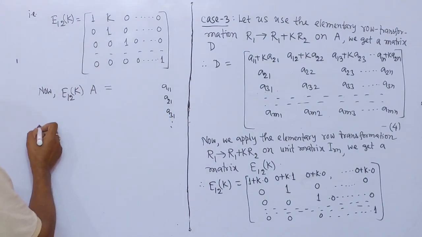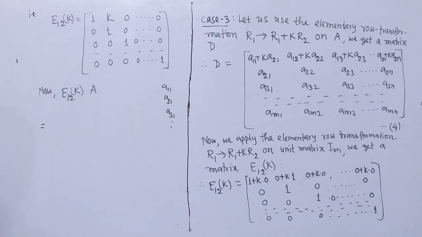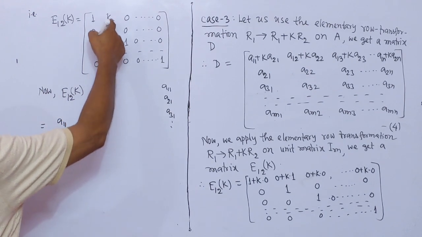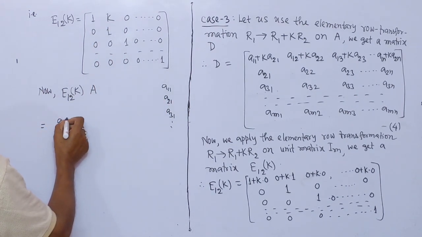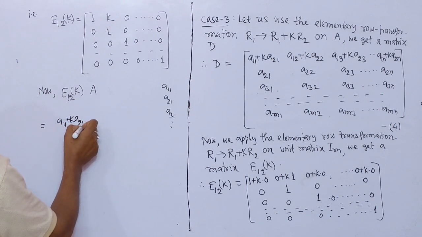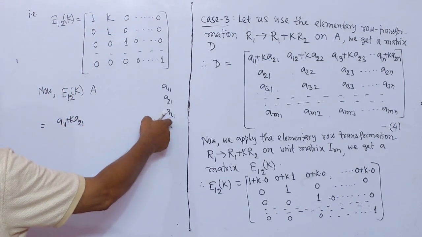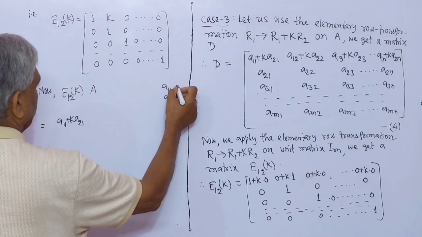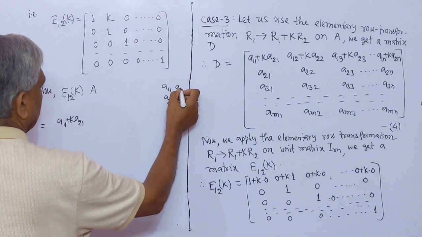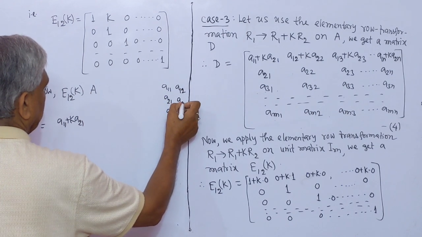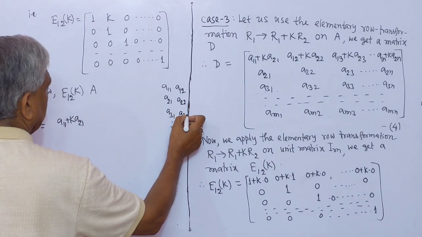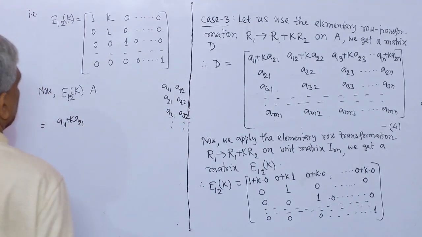So we multiply and get 1 multiply A11 means A11 plus K multiply A21 plus 0 multiply A31 and others are 0. Now, first row, second column, A column, second column is A12, A22, A32, dot dot dot.